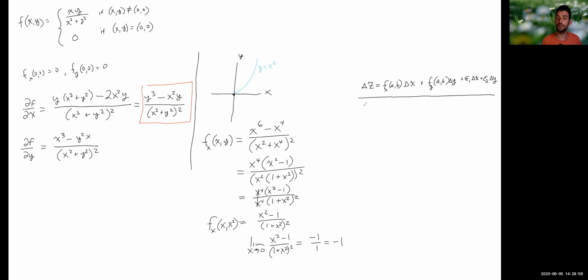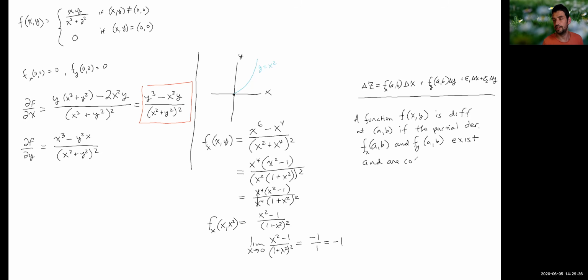But what's more useful for us is this definition is satisfied if, by the following theorem, we will say a function f of x y is differentiable at A B if the partial derivatives with respect to x and y exist and are continuous at A B. Okay, so this is different than in single variable calculus. We need this extra condition about continuity.